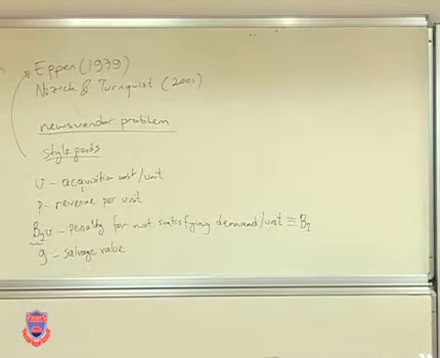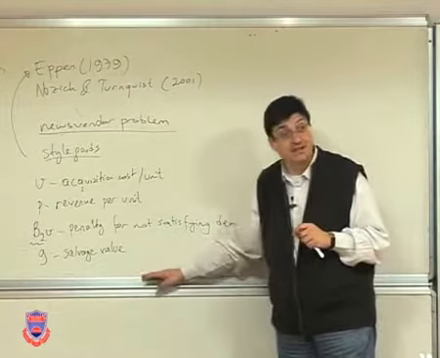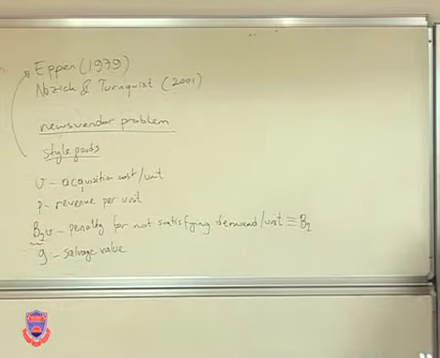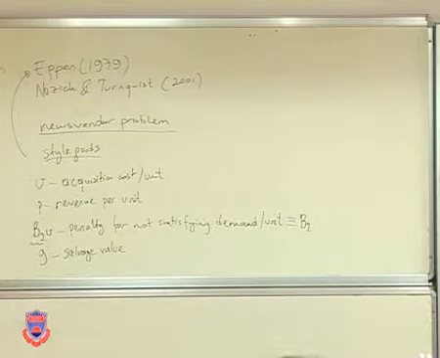Now, what happens if the value is negative? Then it means that you have to pay something to get rid of the product. There are certain products which work that way, not necessarily in the single period environment that we are talking about, but if you have, for example, batteries that you cannot sell at the end of the lifetime of the batteries, then it's not going to be very easy for you to get rid of those batteries. You don't have a secondary market.